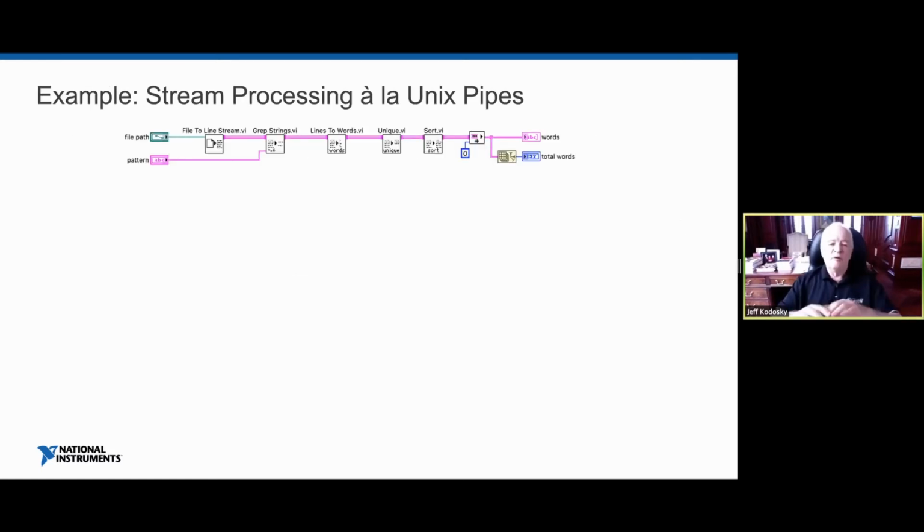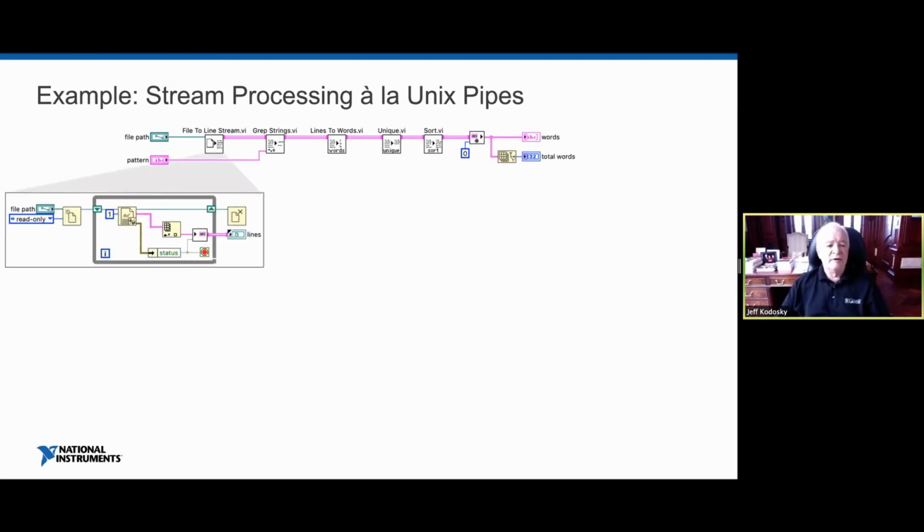So one other quick example, which is also in the examples folder, is stream processing, similar to what you might do with Unix pipes. All of these VIs are running concurrently, and they're transferring data across streams. So here's one stream of strings, here's another stream of strings, another, and so on.